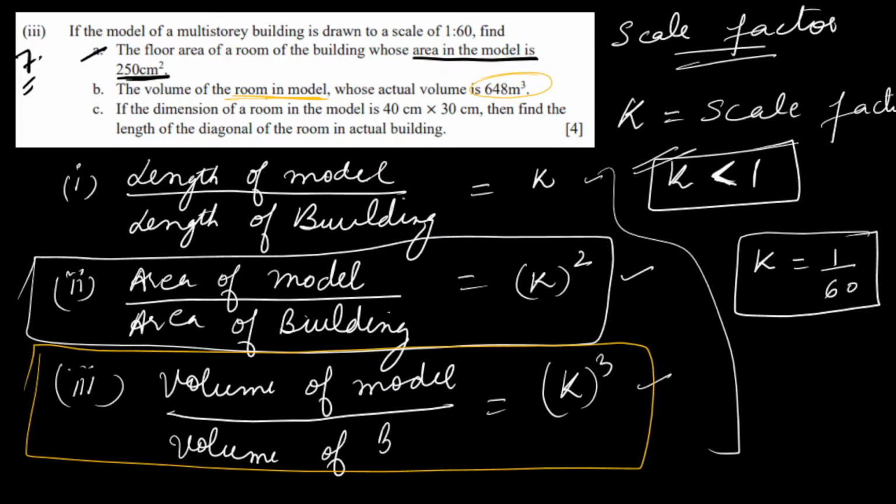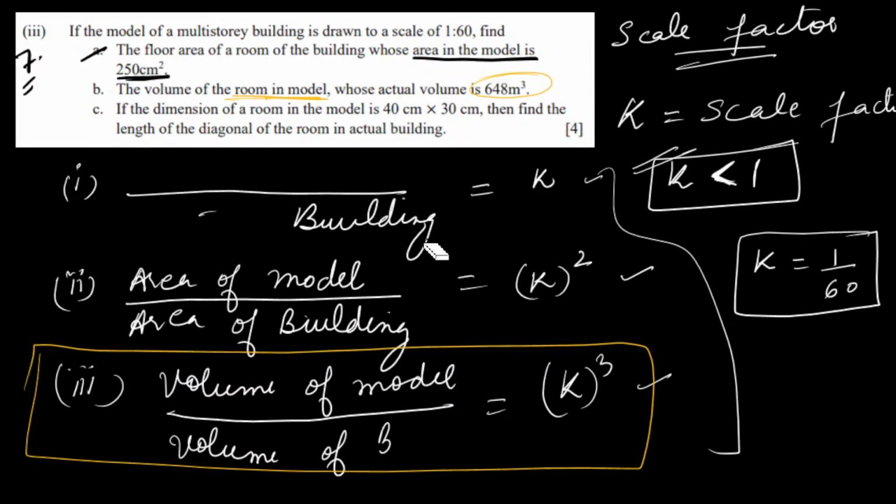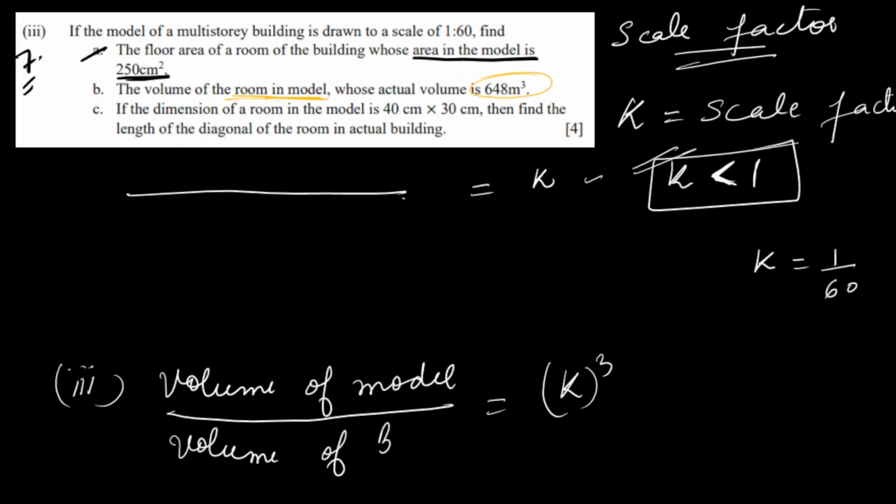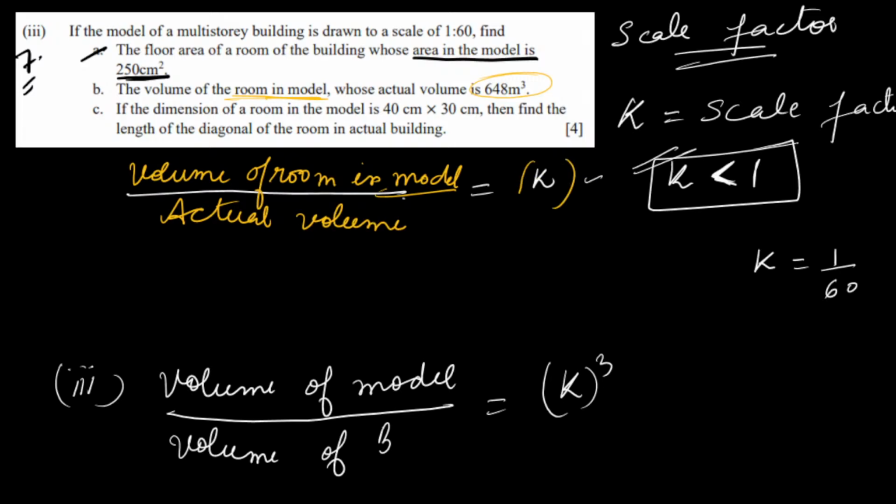So here we can use this formula. Volume of room in model by actual volume of room, it's given to us, this is equals to k cube.